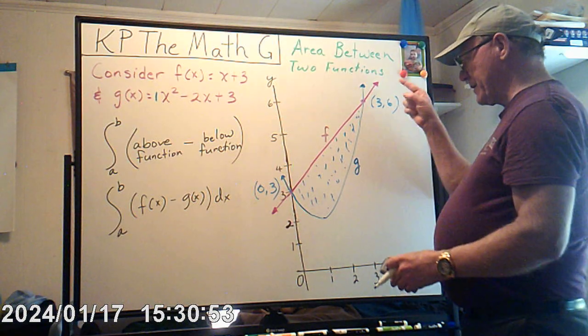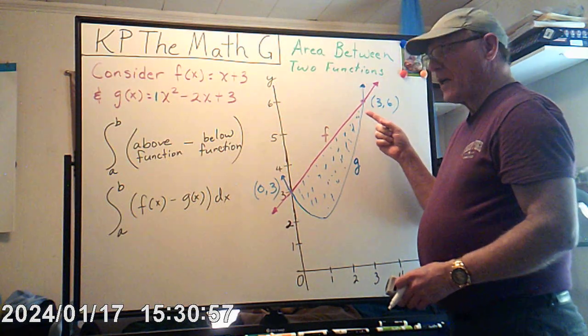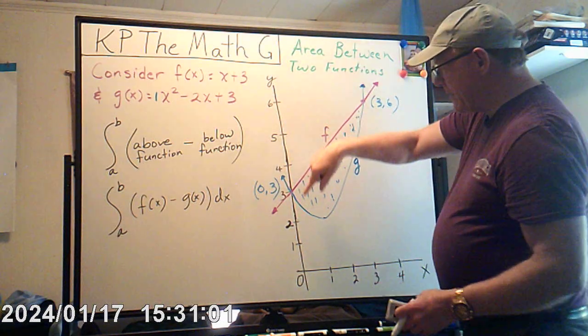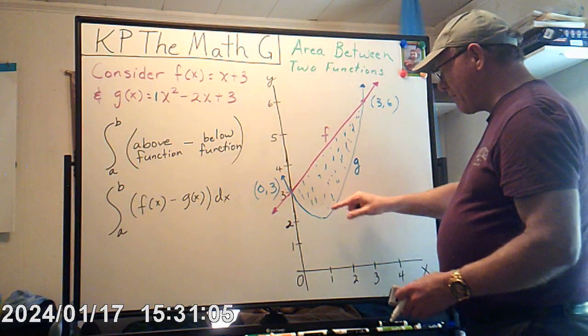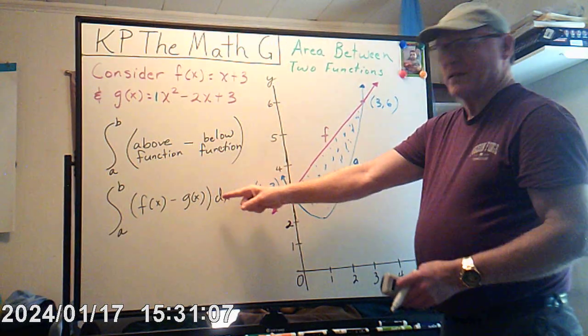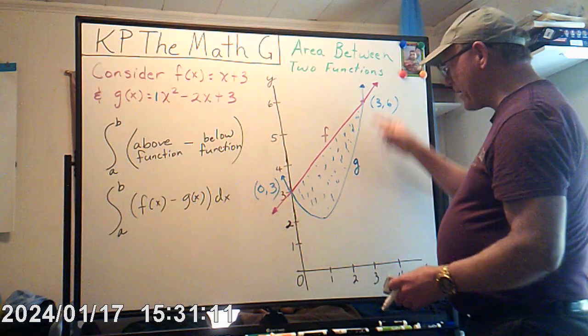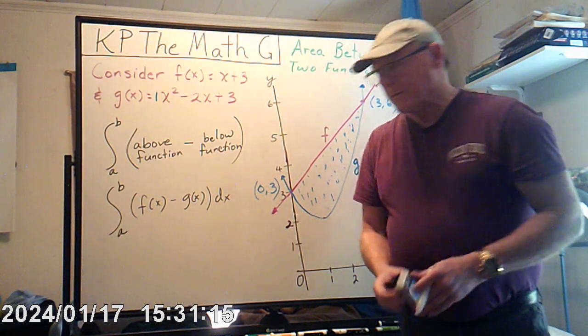The F function is clearly above the G function. Had it been the other way around, that this function had been over the top of this line, then we would have said G minus F. In this case, F minus G. And I want to show you why that's so.